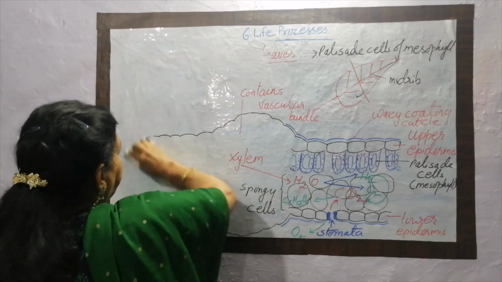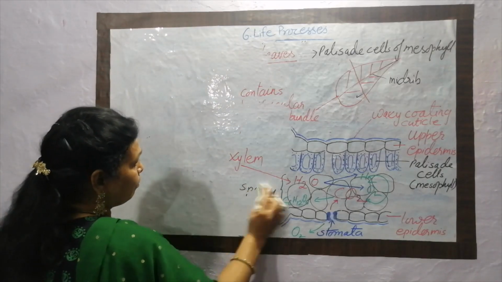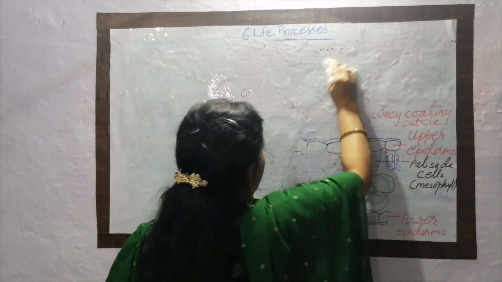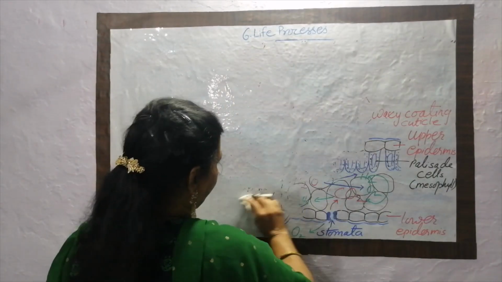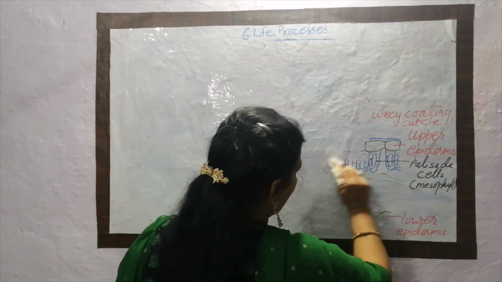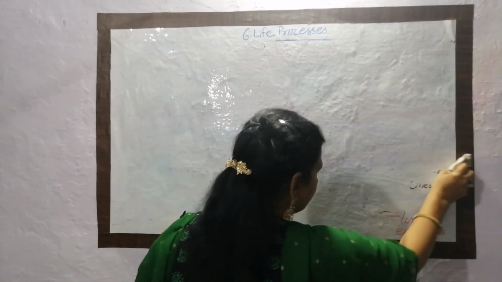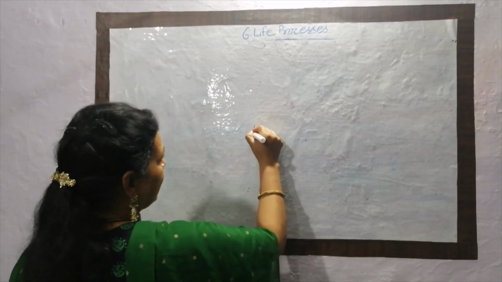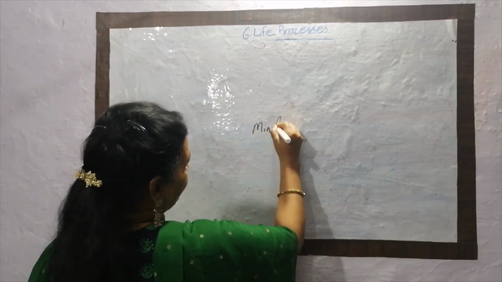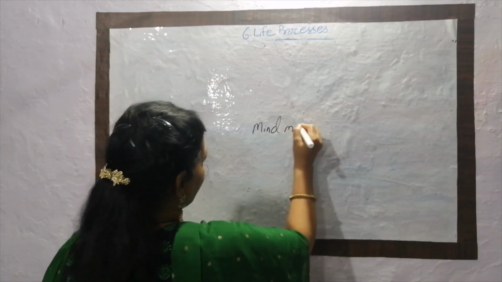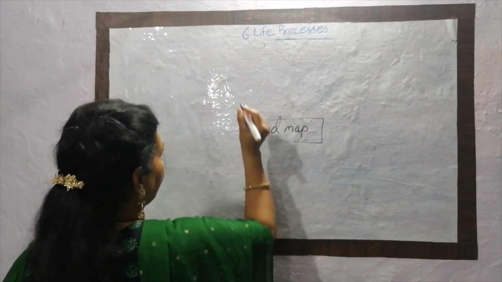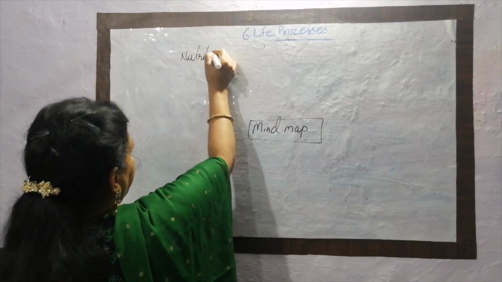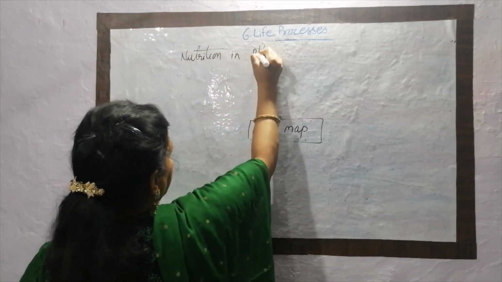Now let us concentrate on the mind map. What is going on in today's class? Let us revise with the help of a mind map. A simple mind map to revise all these portions is here. This is called the mind map. We have studied about nutrition in plants.